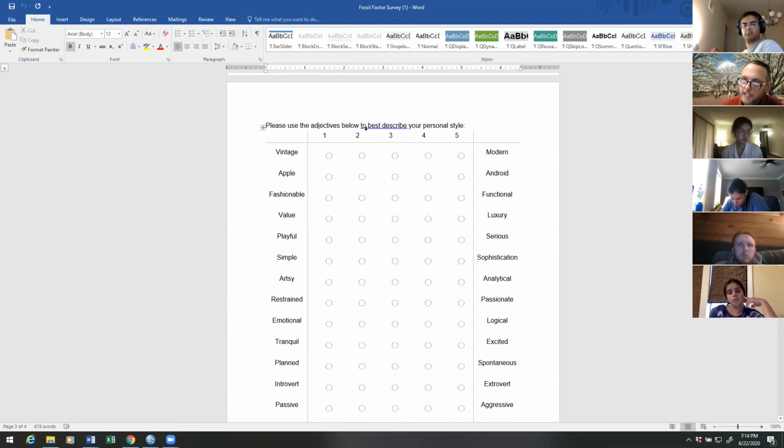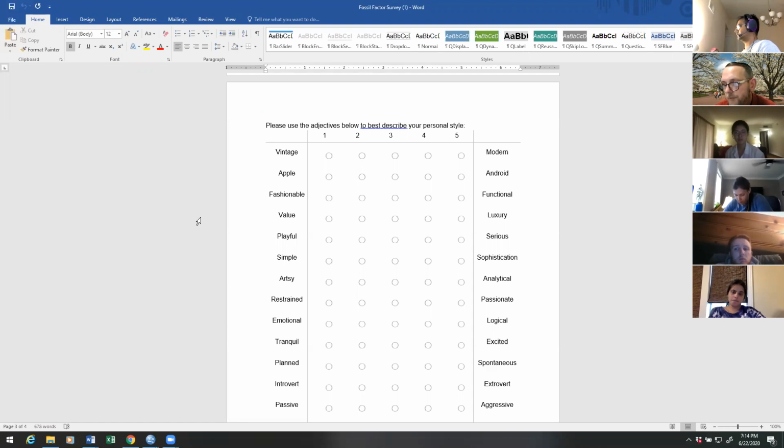So, please use the adjectives below to best describe your personal style. Number 2 here, style 2, is Apple or Android. Those really aren't like personalities. I mean, those are really weird. In terms of the others, they're not like the others. If you said which is not like the other, you'd point to that question and say that one's not like the others. So that's the deal with that.